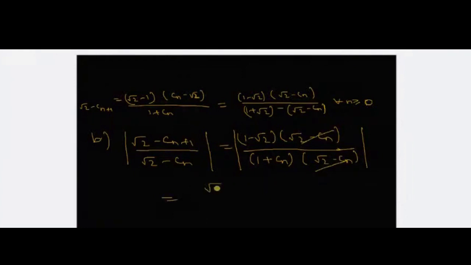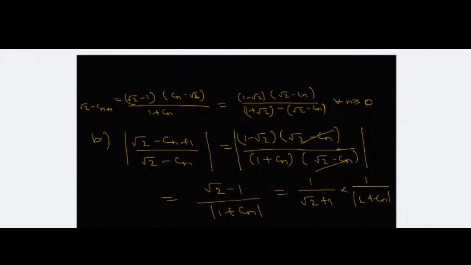This will be root 2 minus 1 by modulus of 1 plus c_n. Now we will show that this quantity will always be less than 1.